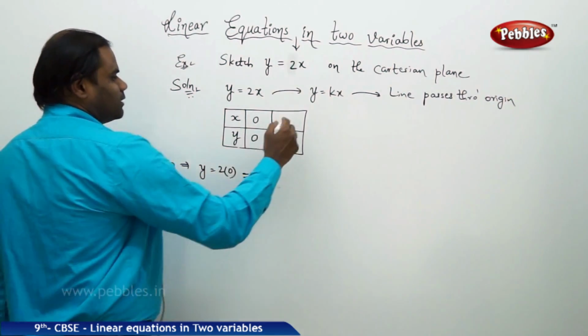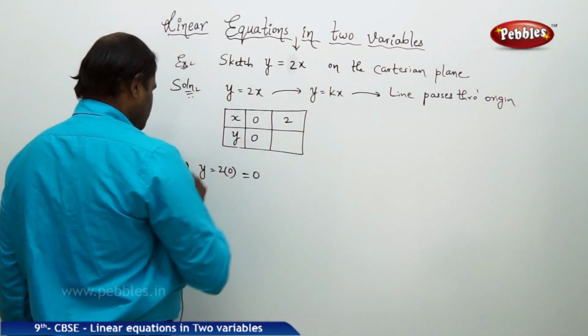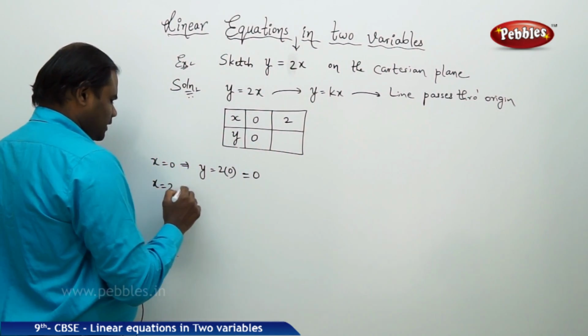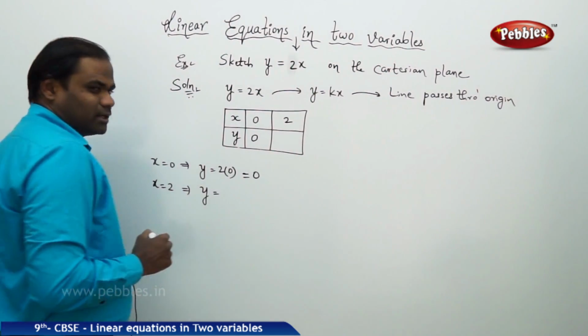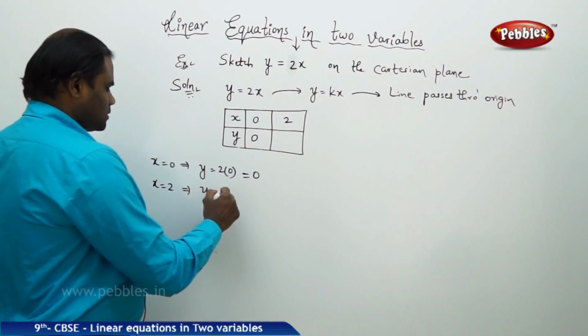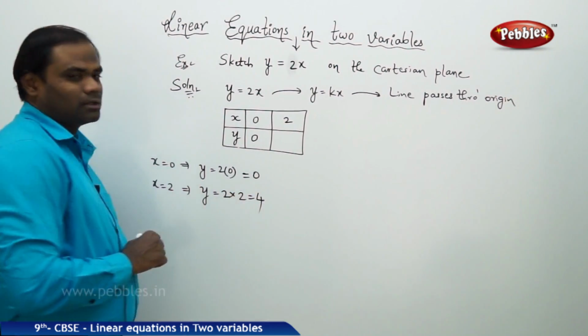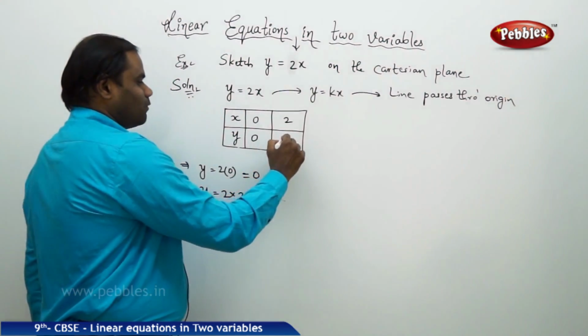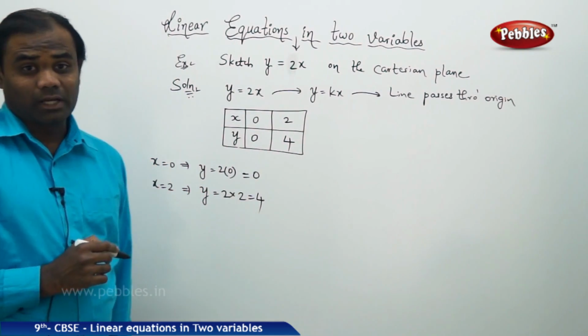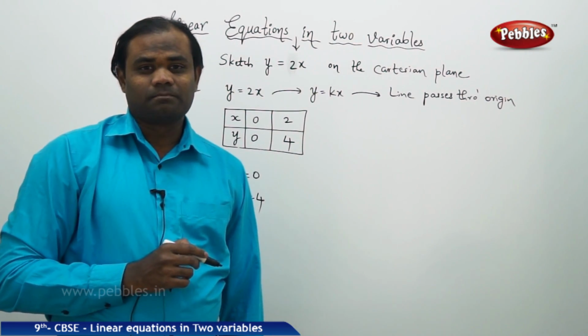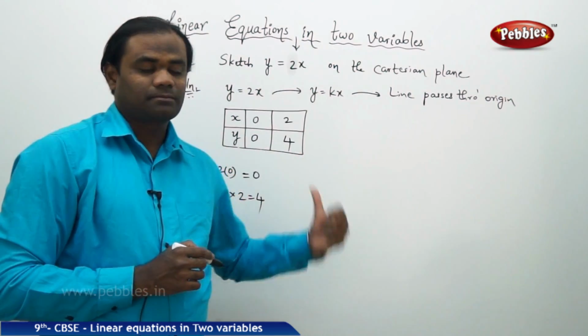Similarly, if I take another value, say 2, when x is 2, my y is 2 times x, that is 2 times 2, which is 4. Therefore, when x is 2, y is 4, which is how I understand the sketching concept through the table of values.